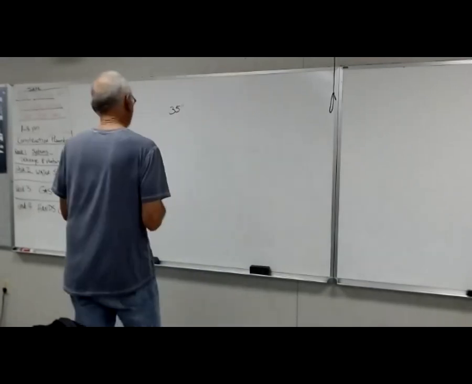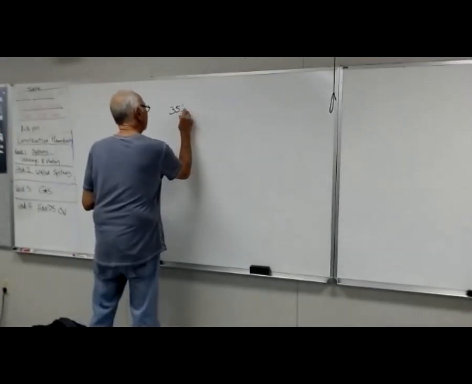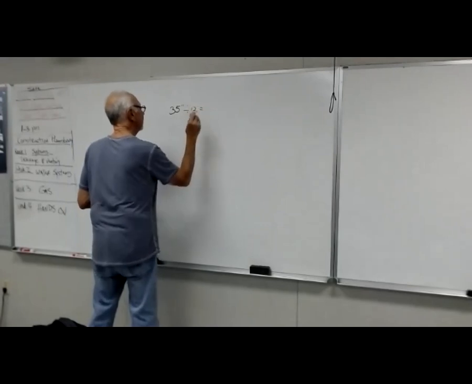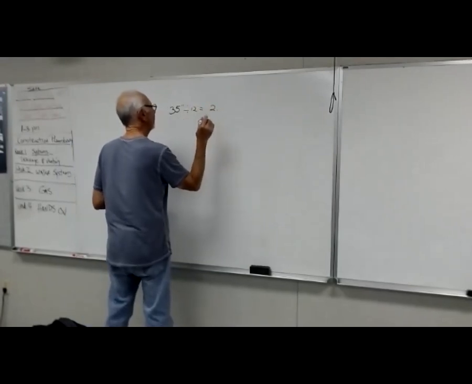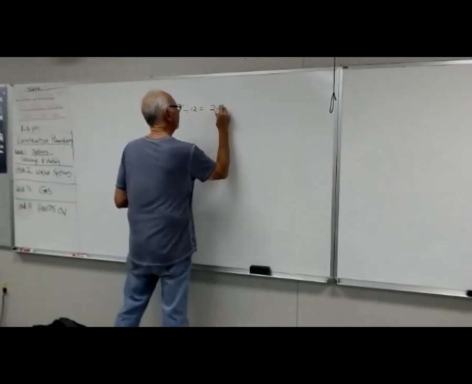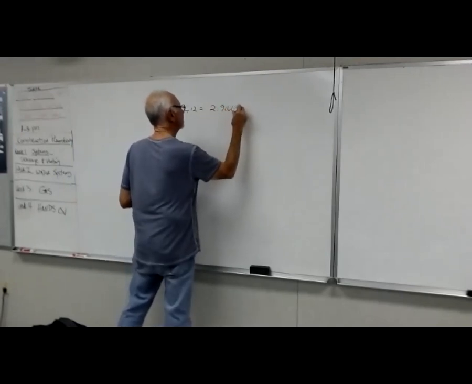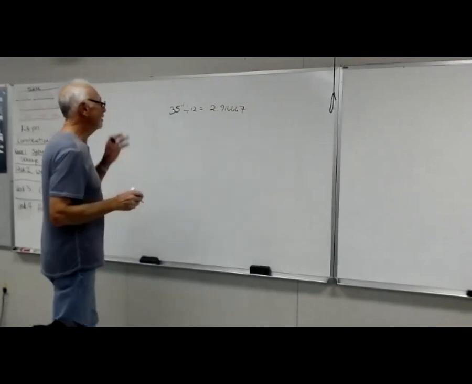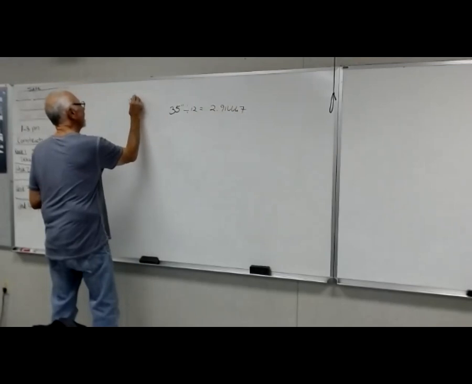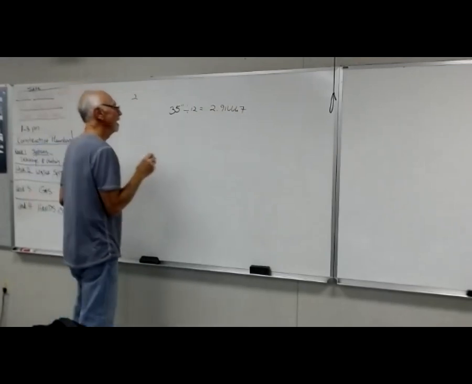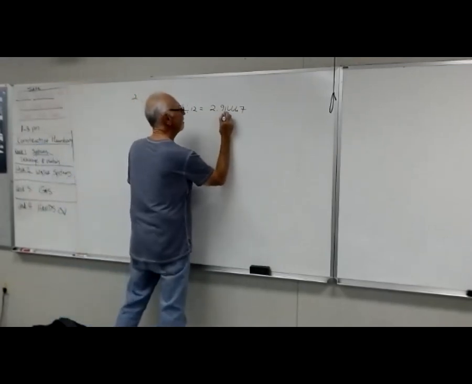So use your calculator. Tell me what that comes out to. 2.91666. 2.916667. Okay, so what we know is it's 2 feet.